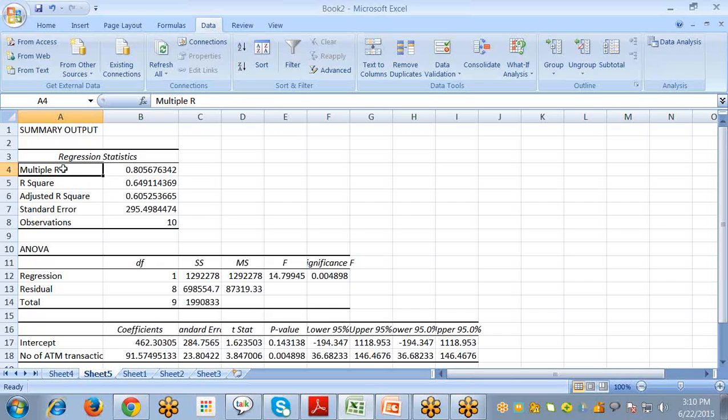And Multiple R is nothing but the correlation coefficient between y and x. R square is just the square of this value.